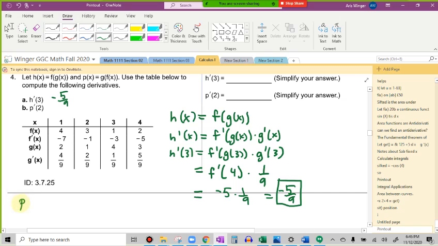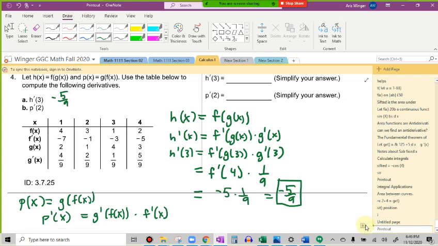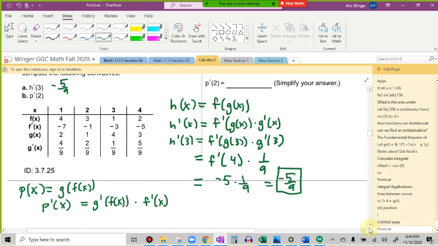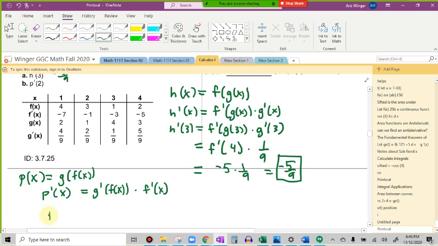P prime of 2, well, P of x is equal to G of f of x. P prime of x is then G prime of f of x times f prime of x. We're evaluating this at 2. P prime of 2 is G prime of f of 2 times f prime of 2.